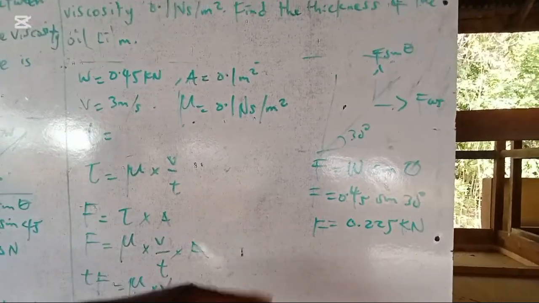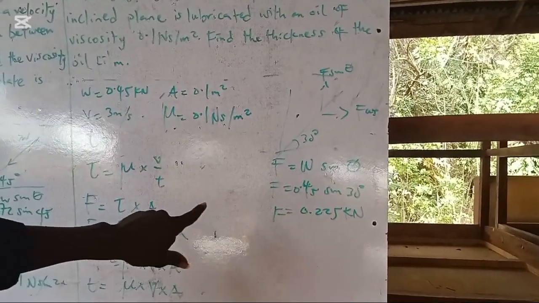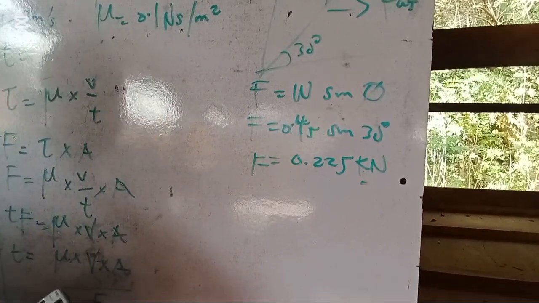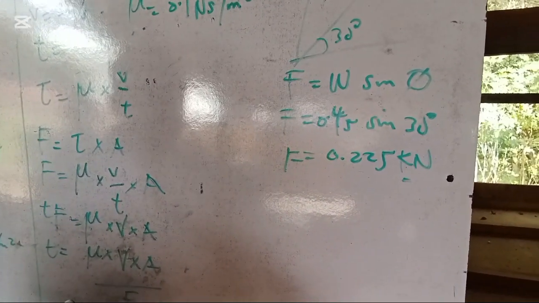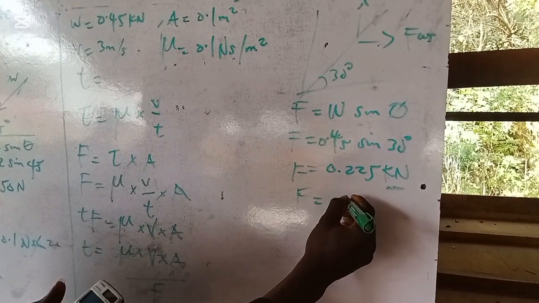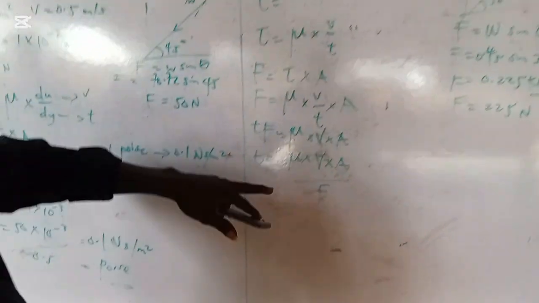This is in kilonewton, because remember the weight was in kilonewton, so you have to convert it back to Newton by multiplying by 1000, since kilo is 1000. So your force will be 225 Newton. You now come here, insert all your parameters and get your thickness.